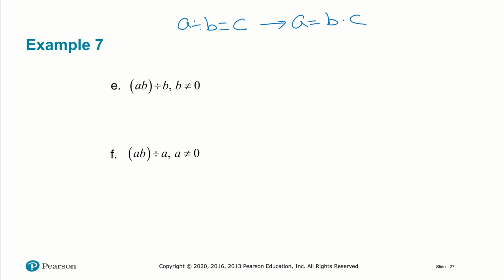We could have used equivalence as well. So here we're going to say AB divided by B is some number X implies that AB should be this B times that X, right?